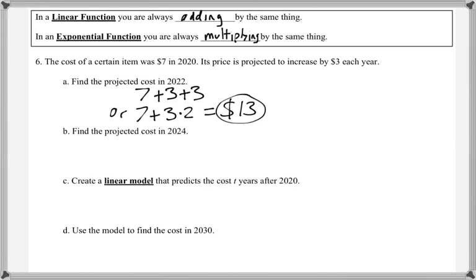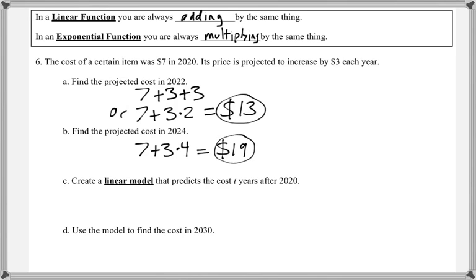Then it says, find the projected cost in 2024. Well, 2024 is 4 years after the starting point in 2020. So I could just take 7 plus 3 times 4, and that would get me 19. So then for part C, it says, create a linear model that predicts the cost t years after 2020.